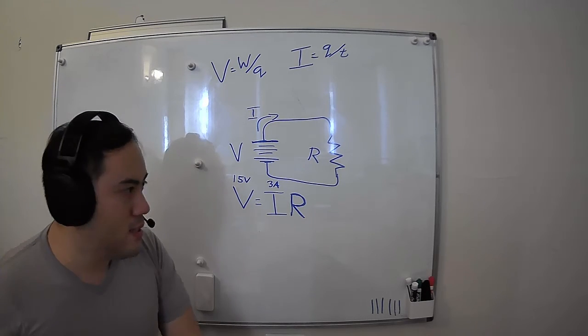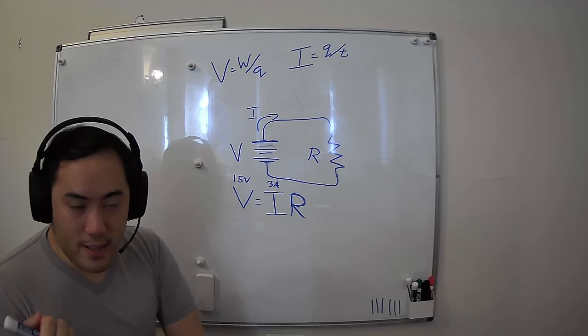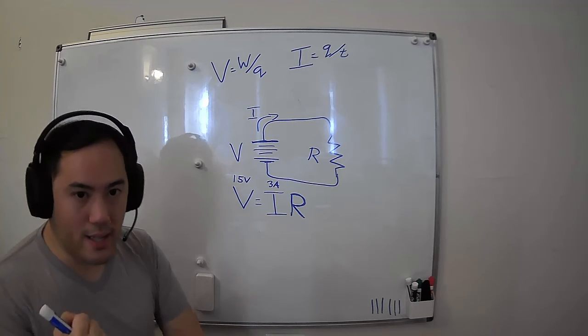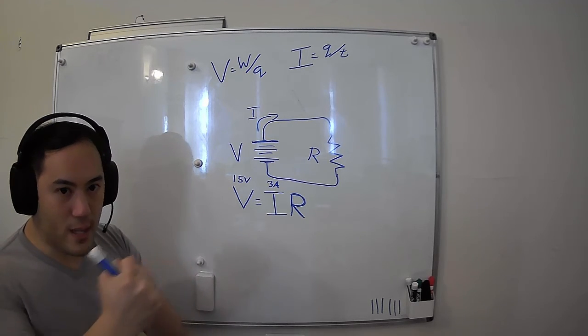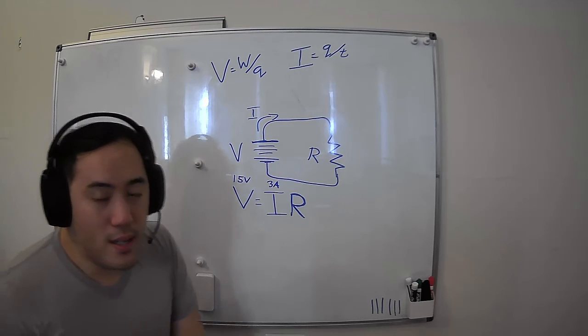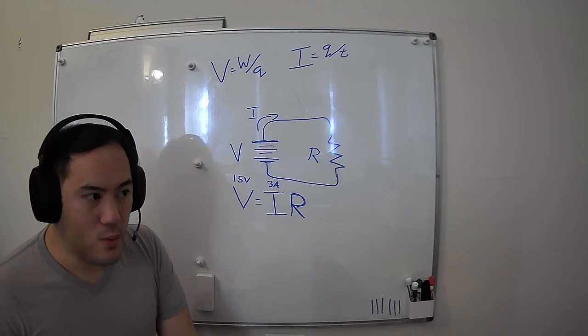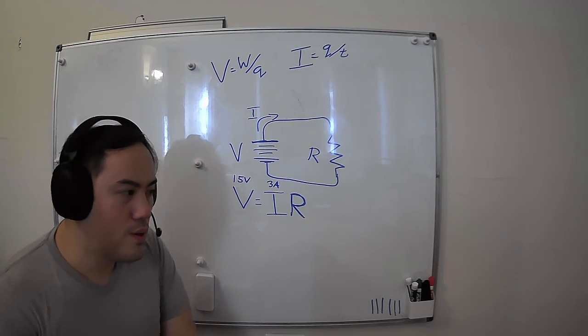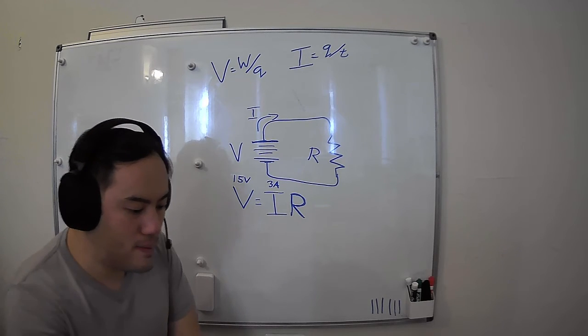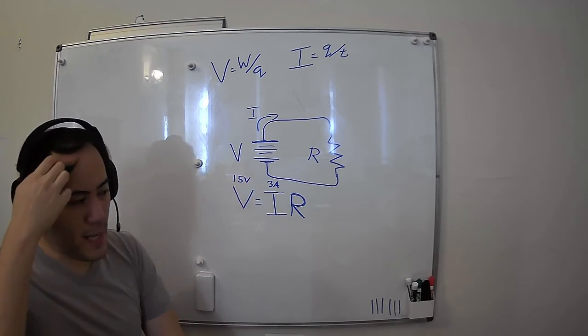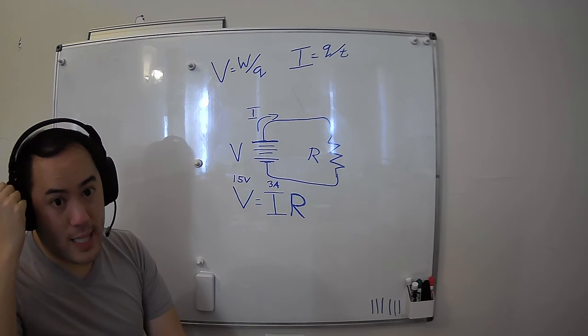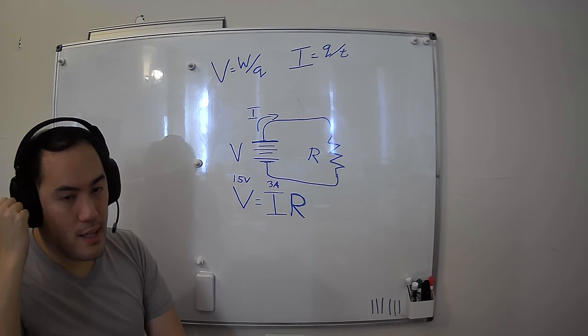It's the reverse. If a metal is warm, the atoms are vibrating. If the atoms are vibrating, they're going to block the electrons more. So a warmer material will have a higher resistance. And that will actually, we'll come to this later, make it give off more energy.